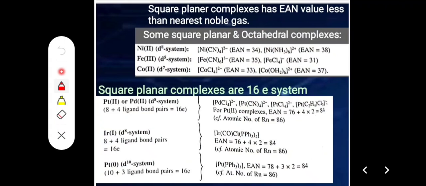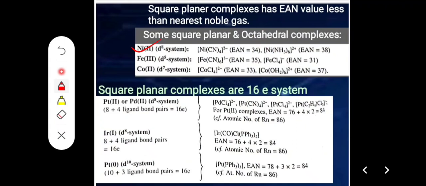Square planar complexes versus octahedral complexes: nickel, d8 system, Ni(CN)4 2-, EAN 34, and Ni(NH3)6 2+, EAN 38, so that is 4 less. Pt(CN)6 3-, EAN 35, and PdCl4 2-, EAN 31, 4 less. For d7, cobalt Cl4 2-, EAN 33, and Co(OH2)6 2+, EAN 37, that is also 4 less.